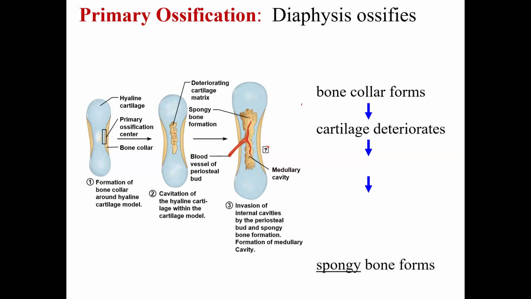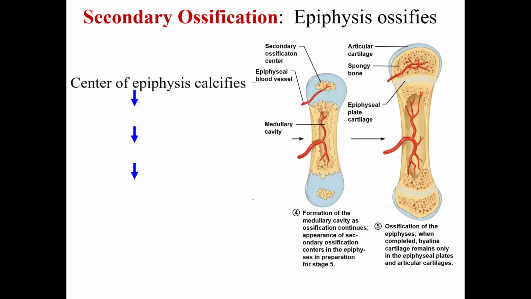Anyway, here you go. So notice how we left the edges of the bone alone, because the priority is just the shaft of the bone, the diaphysis. Then after birth, we start doing this. We start building bone at the epiphyses, at the edges. And what's cool is look what's left over, guys. We have cartilage at the edge of the bone for the joint, both ends.